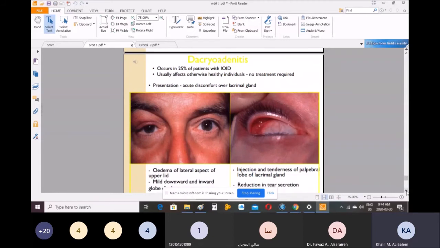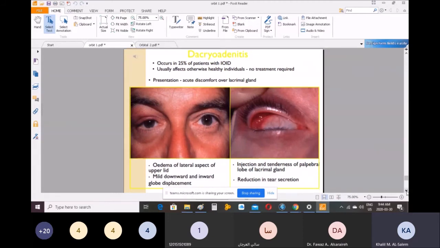Dacryoadenitis is an inflammation of the lacrimal gland. It can be part of idiopathic orbital inflammatory disease. However, sometimes dacryoadenitis is caused by a viral illness, just an upper respiratory tract infection, and after that you get this lady with a huge lacrimal gland, as you can see in this picture here.